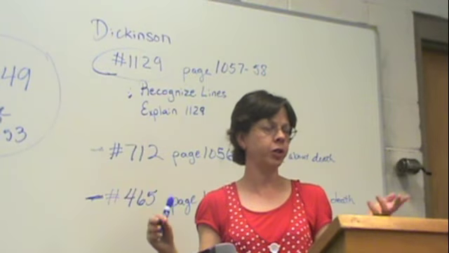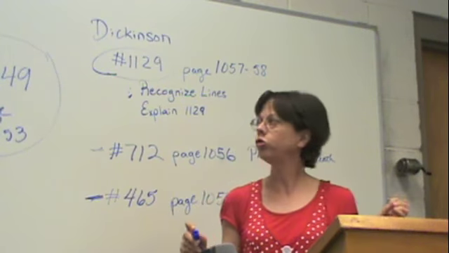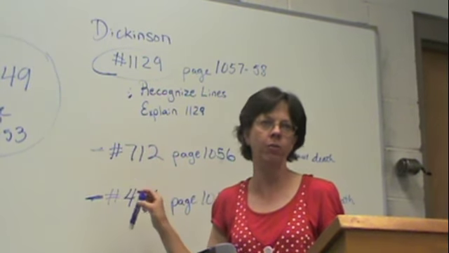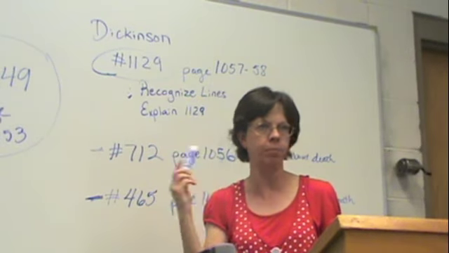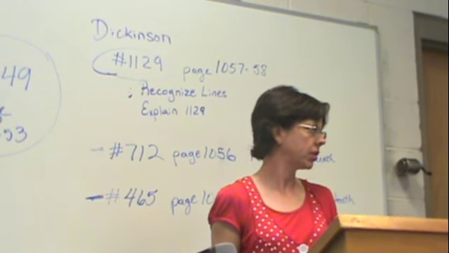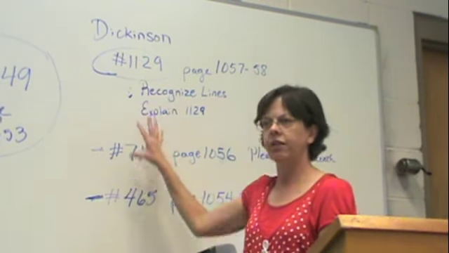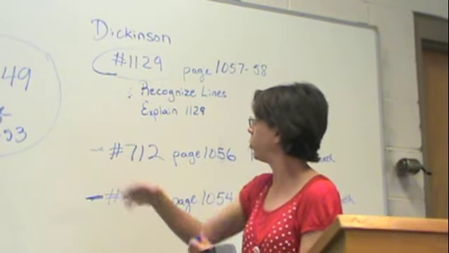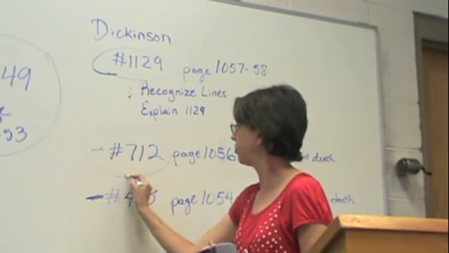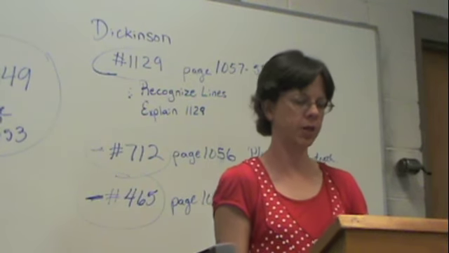And just like before, you'll identify them, but you only need to give Dickinson's name. You do not have to give the number of the poem. So that's no numbers. Just be able to say that it's by Dickinson. Okay? So know the lines from all four poems. You want to know lines from all four, but you could use all four also in the essay.